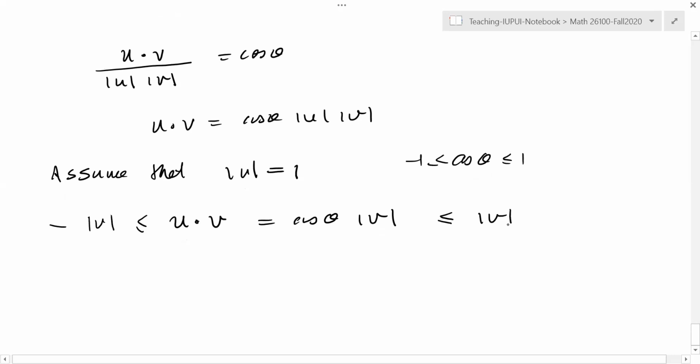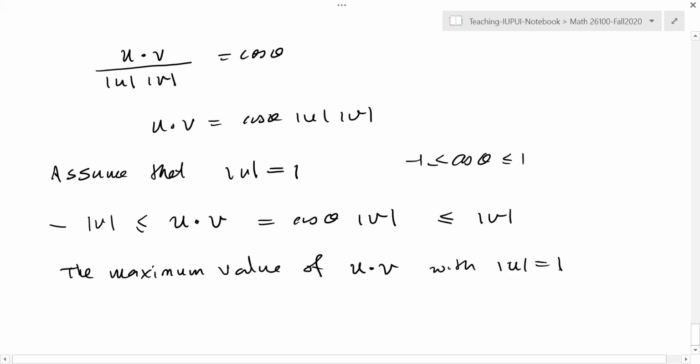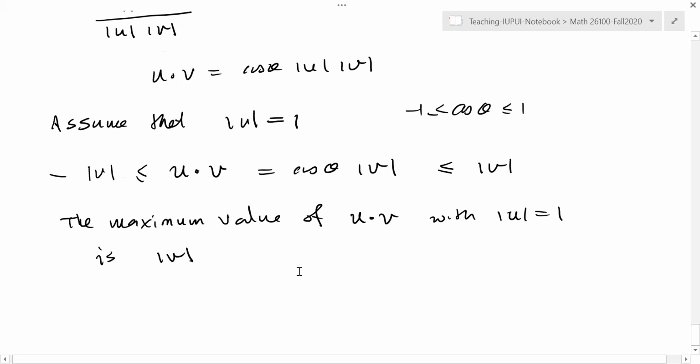And so we can conclude that the maximum value of u dot v, under the assumption that the length of u equals 1, is the norm of v, under this illustration.